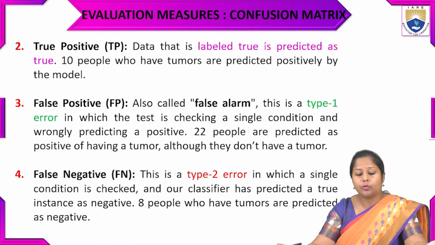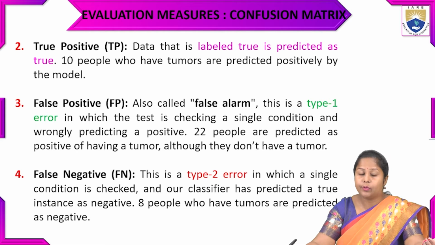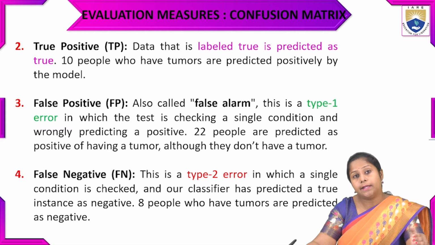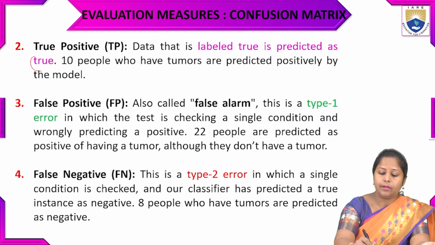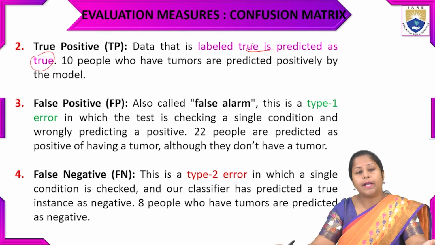True positive. Data that is labeled true is predicted as true by the classifier. True and true. So that will be the true positive.